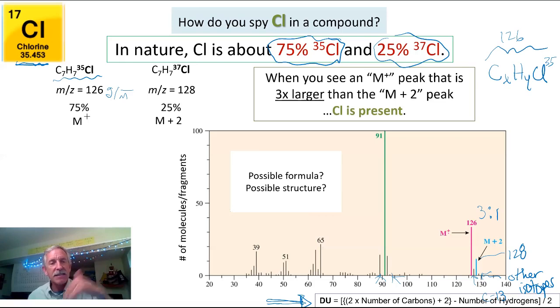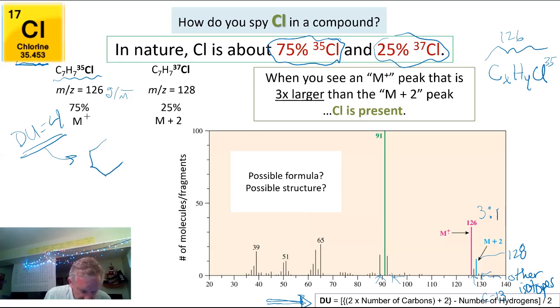And so when I stick this into my DU equation, I end up getting a DU equal to 4. If you have a DU of 4, there is a functional group that is screaming out for a trial, and you should try it the first time around for your DU of 4. That's a big DU. That's a lot of unsaturation.